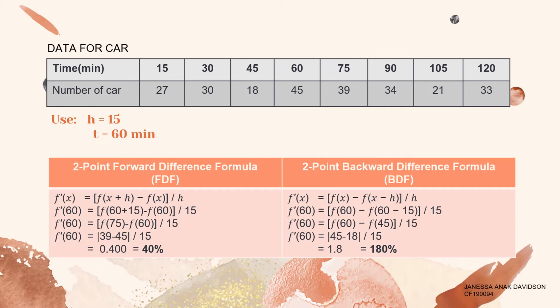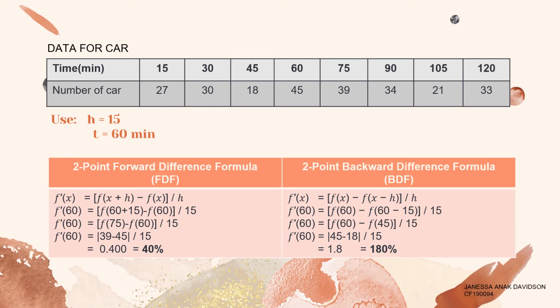The 2-point forward difference formula, FDF, is f prime x equal to f of x plus h minus f of x, over h. Now we can substitute all the x and h values. The result for 2-point forward difference formula FDF is 40%.